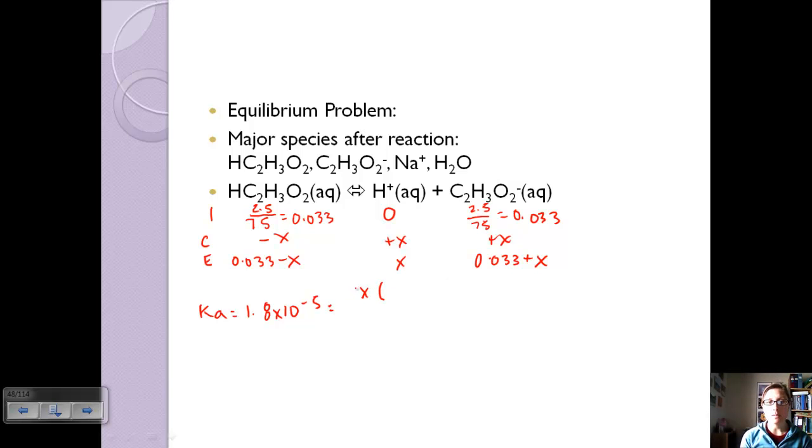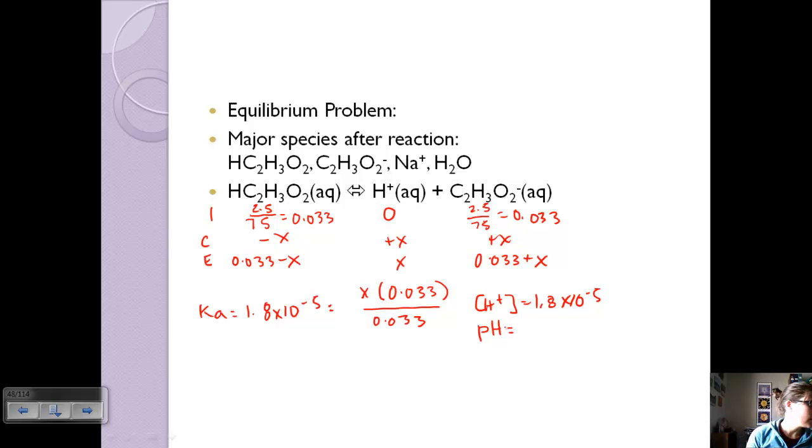We're going to assume x is very small, so our acetate ion becomes just 0.033 molar, and our acetic acid becomes 0.033 molar as well. As you can see, our concentrations are the same for the acid and the acetate ion, and so it ends up that x is just equal to Ka, which is also equal to the H+ concentration. So H+ is equal to 1.8 times 10 to the negative fifth. And that gives us a pH of 4.74.